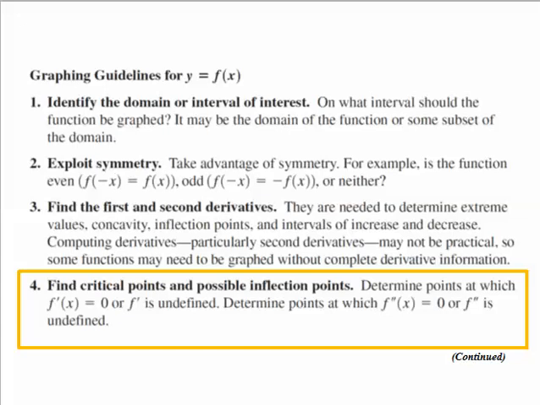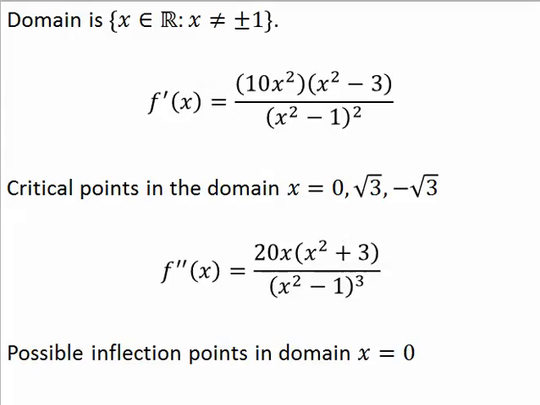Critical points and possible inflection points. A critical point occurs where the derivative does not exist or where the derivative equals 0. This derivative does not exist at 1 or -1. However, those 2 points are not in the domain of the function, so we do not call them critical.